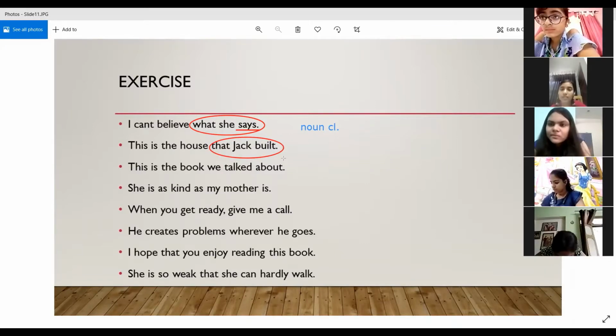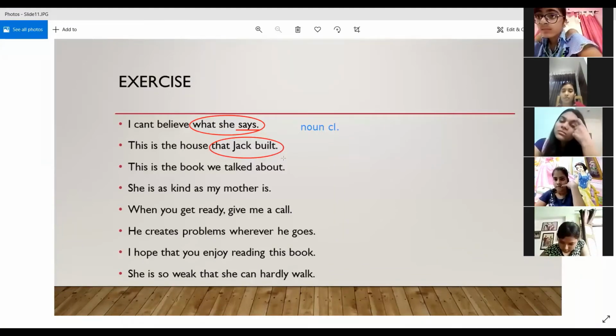See, the main thing over here is that the house is being described. Which house? If we only say this is the house, there will be confusion. We are talking about which house. So some extra information has been provided about the house, that this is the house that was built by Jack. So this clause, that Jack built, is telling us something extra about that house.